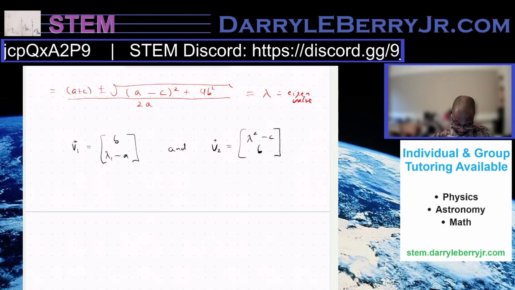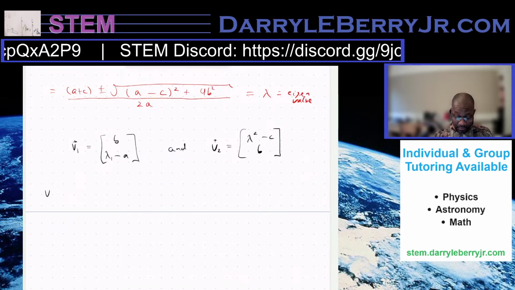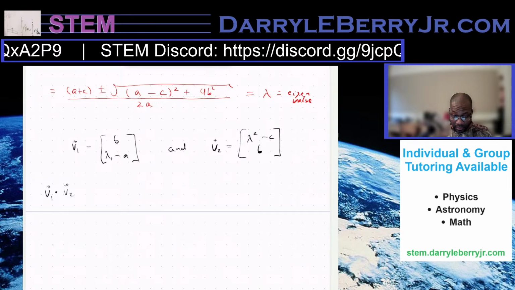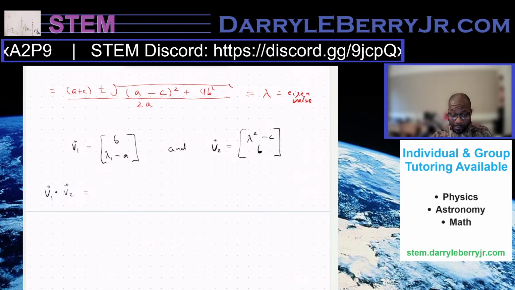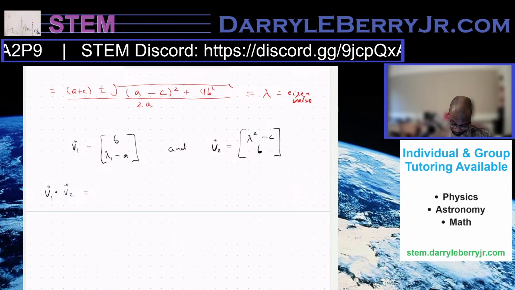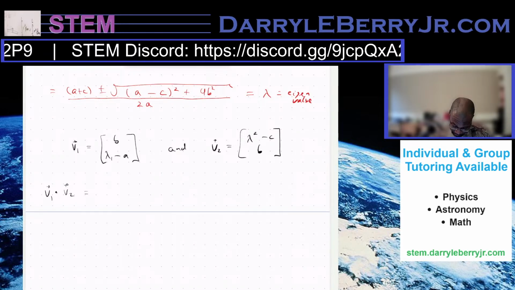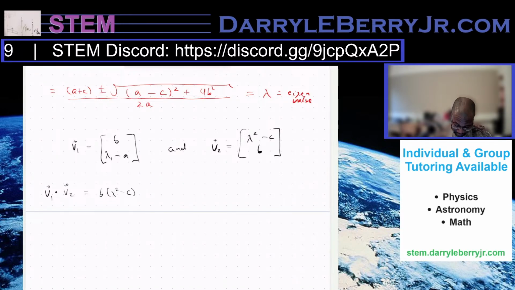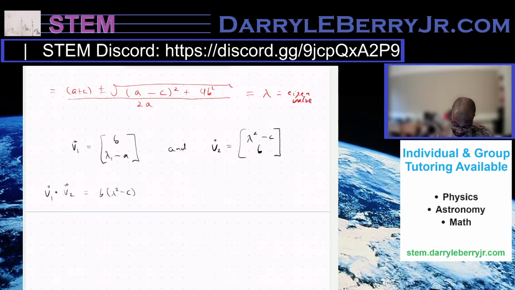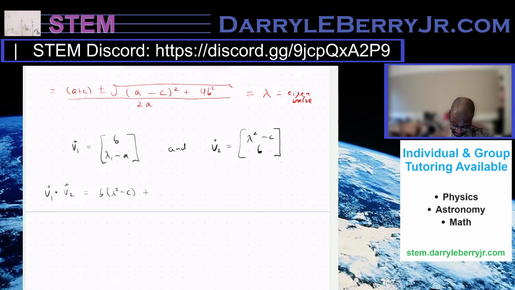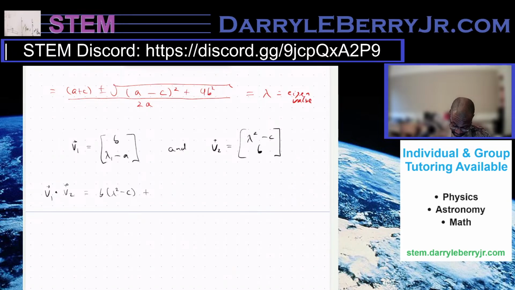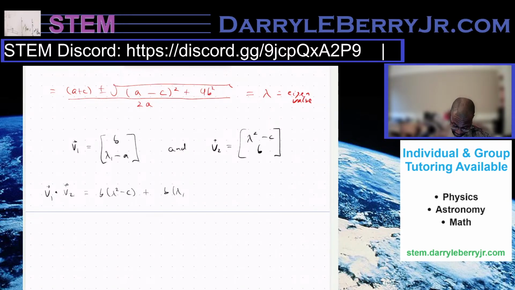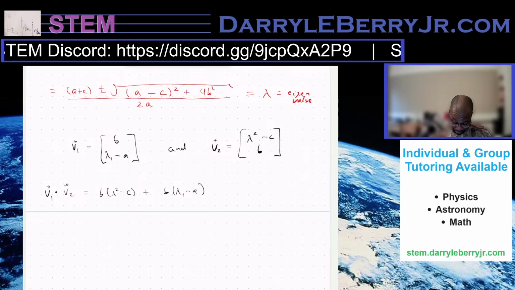And note that v1 dot v2 equals b squared minus... plus b times (lambda 1 minus a), that's lambda 2.